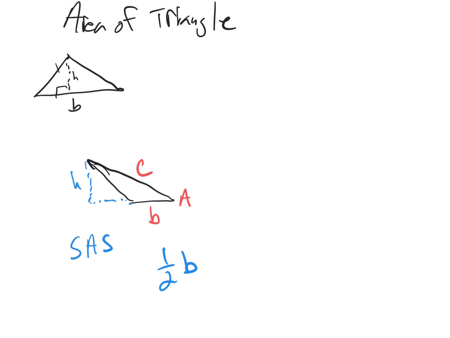If we were looking for this height, I would say it's going to be the sine of angle A equals the height over C, which would be C times the sine of A. So C times the sine of A, and that's the height, so 1/2 the base times the height equals area.